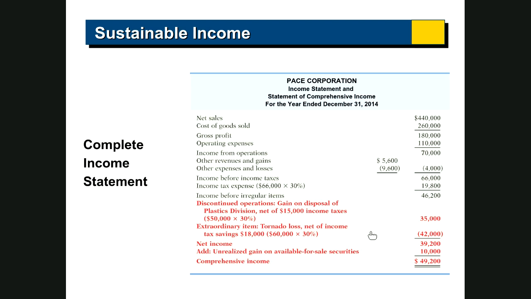You follow what I'm saying? So this is the extraordinary loss. Because of that, it was hard to do business and it cost you some money to fix certain things.